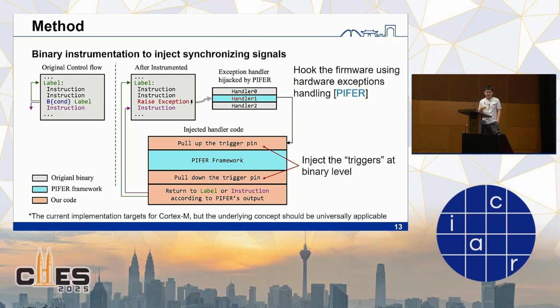And then the processor will enter the so-called exception handling process. And before we flash the firmware, we modify the exception handler and make it point to our own code, so we can hijack the control flow to our own code.